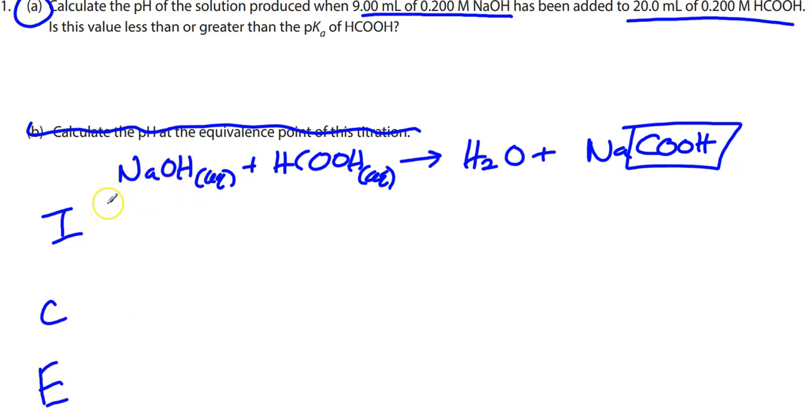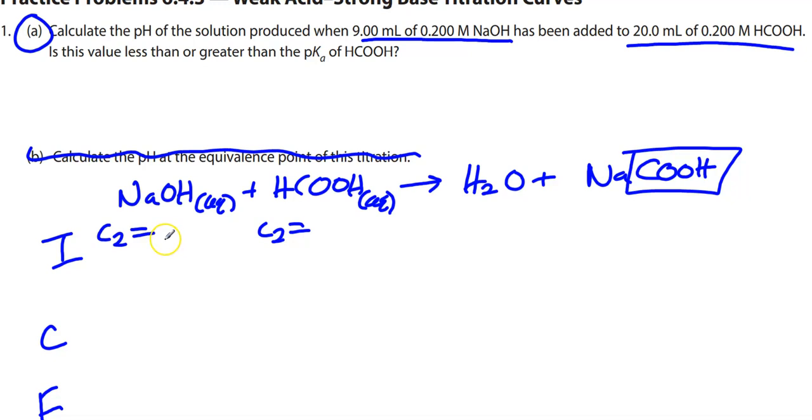We have to do the same thing as usual. We have to find our C2 for both the acid and the base. I'm hoping you're okay with me not showing the calculations for this, but we're doing 9 times 0.2 divided by 29 here to get the C2. This C2 should be 0.06207.